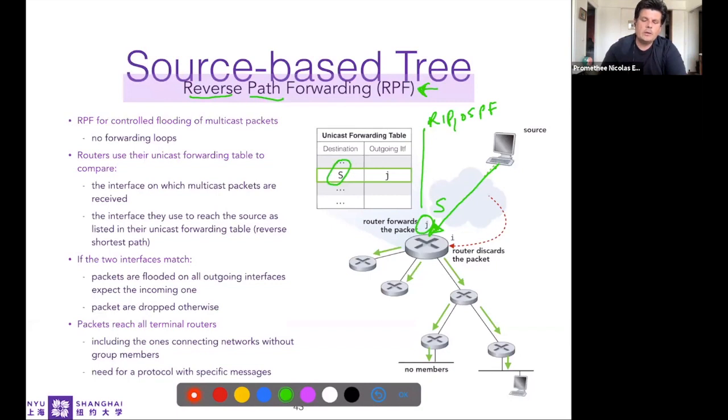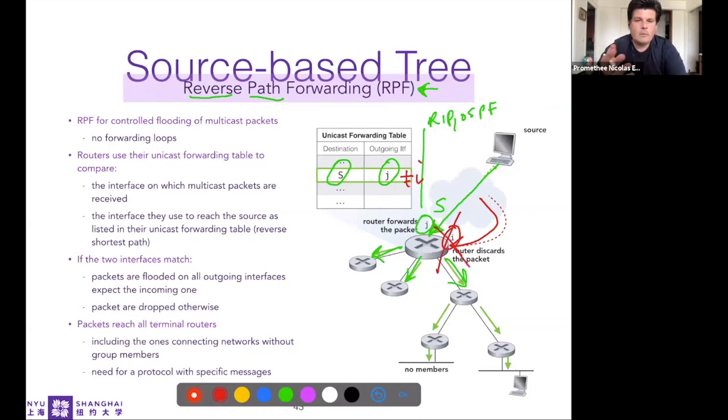So to go to the source, am I sending the packet on the same interface on which I just received the multicast traffic? Yes. So then I'm going to flood everywhere. If I'm receiving the traffic on a different interface that is not the one that I have here, what should I do with the traffic? Discard the traffic.